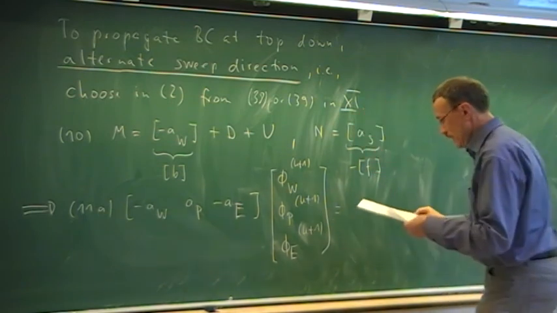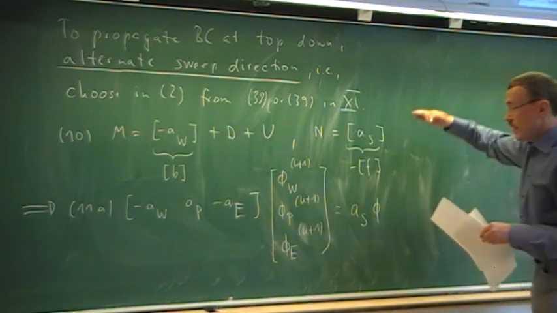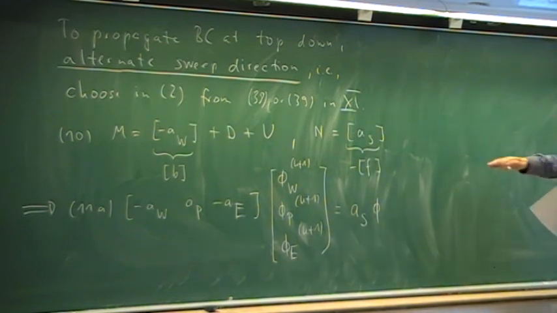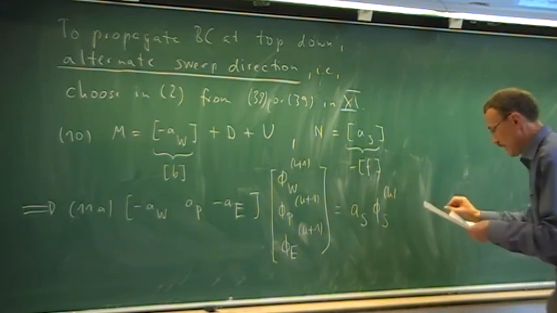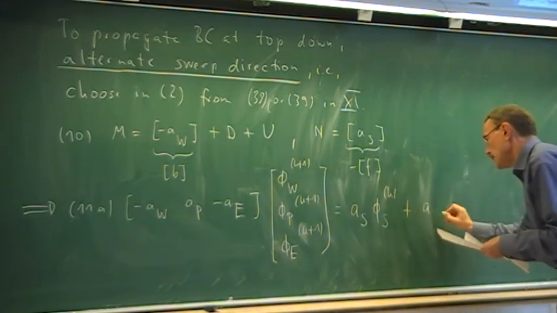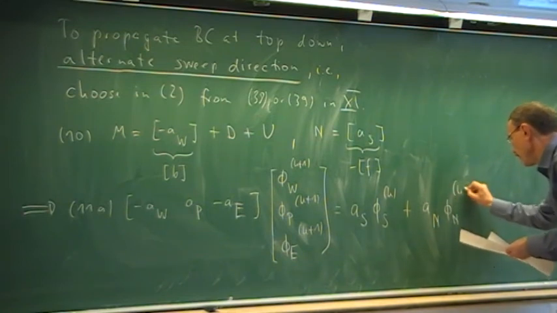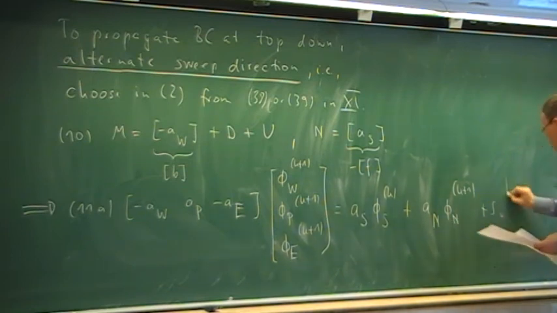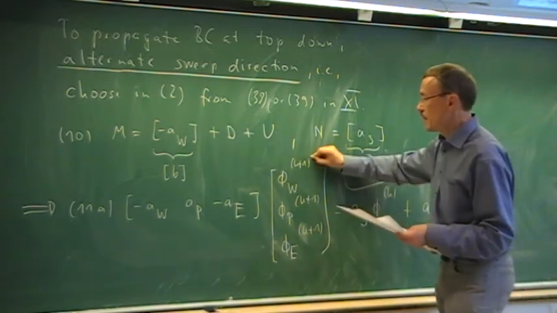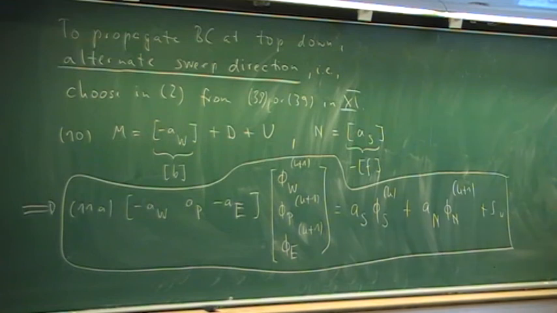On the right-hand side, we have now the AS, but since we are starting from the top now, this is not yet known, so we have to take that at the old iteration level. And the A north can be taken at the new iteration level. And the uniform part of the source term. So that is now what we get. And you see we get again a linear system.